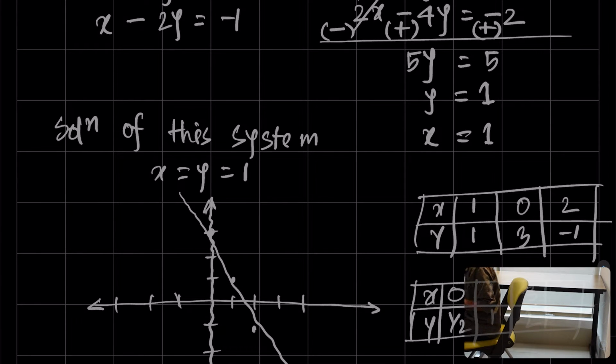And if I again plot this, these are the points (0, half), (1, 1), and (3, minus 2).